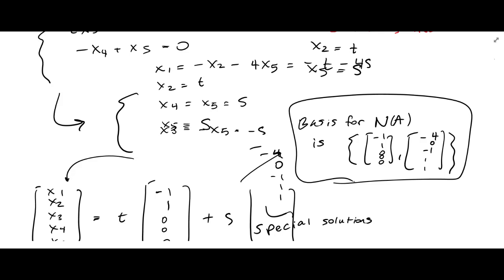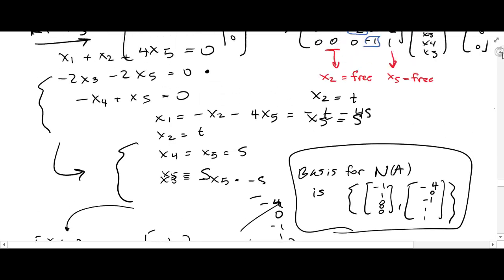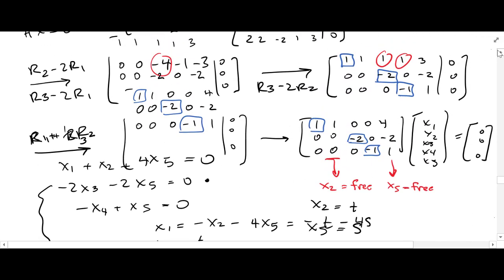Is reduced row echelon form the same as upper triangular? I don't think so. Some people call this matrix row echelon form. So that would be like upper triangular, or row echelon form, where you have zeros below each pivot.